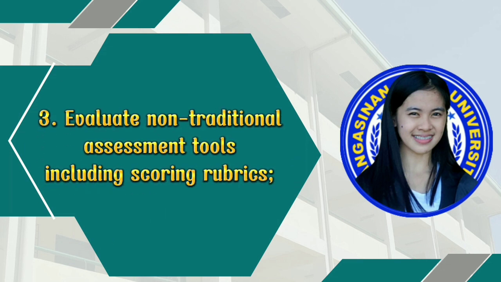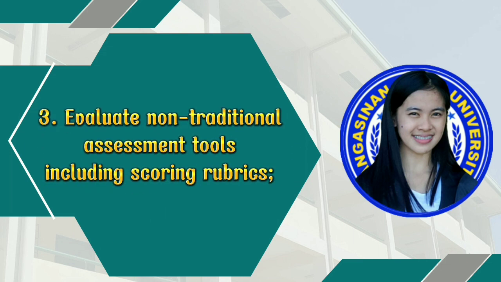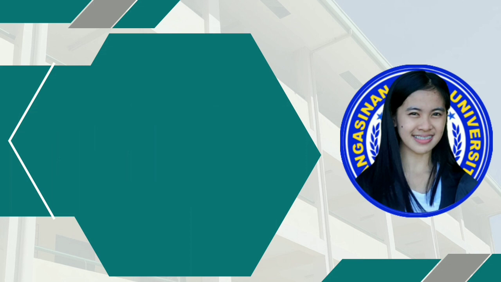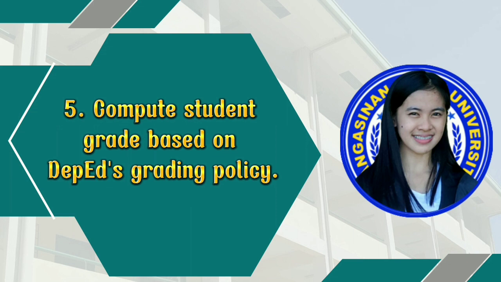Number 3, evaluate non-traditional assessment tools including scoring rubrics. Number 4, determine the procedure on how grades are computed and reported to parents. And last, number 5, compute student grade based on DepEd's grading policy.